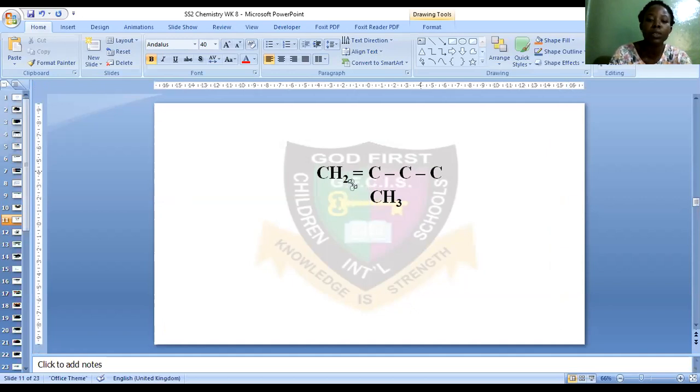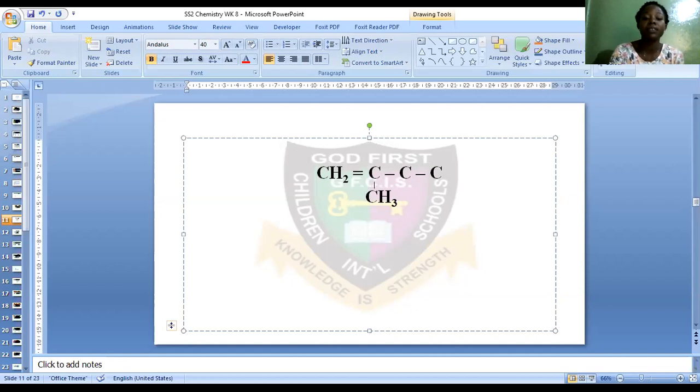That methyl group must be on carbon 2 because the name tells us it is but-1-ene. So you see now we have the double bond on carbon 1. On carbon 2, let's check, is it complete? You have 1, 2, 3, 4.